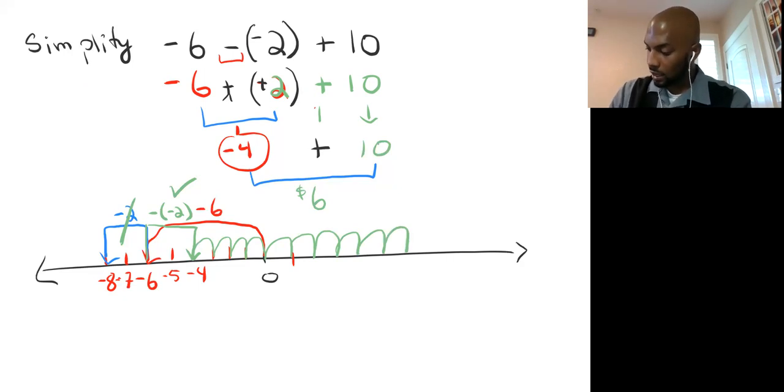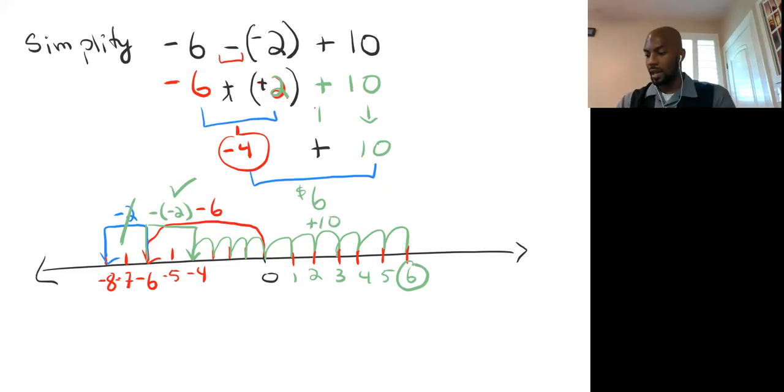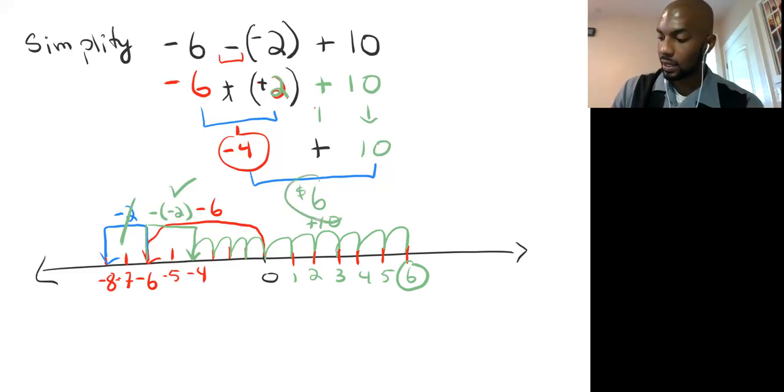Let's fill in the spaces that I jumped. Let's see what it took me to. 0, 1, 2, 3, 4, 5, and there we are, ending at 6. Those greens are worth 10. I did the opposite of -2, which was up 2 from -6, leaves me at +6.